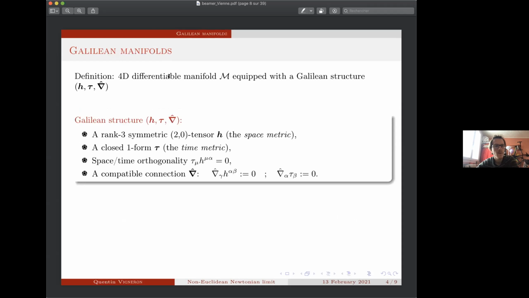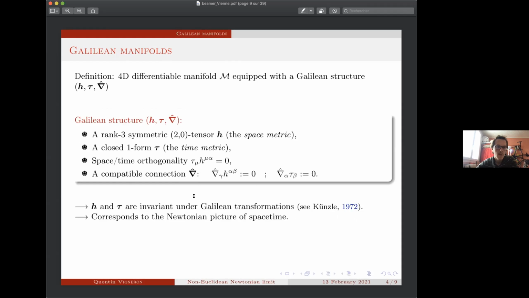Okay, so Galilean manifolds. These are four-dimensional manifolds equipped with a Galilean structure, which is composed of a space metric, which is a rank-three symmetric twice contravariant tensor, which I denote H here, a time metric, which is a closed one-form denoted tau, such that they are orthogonal, and a connection which is compatible with those two metrics.